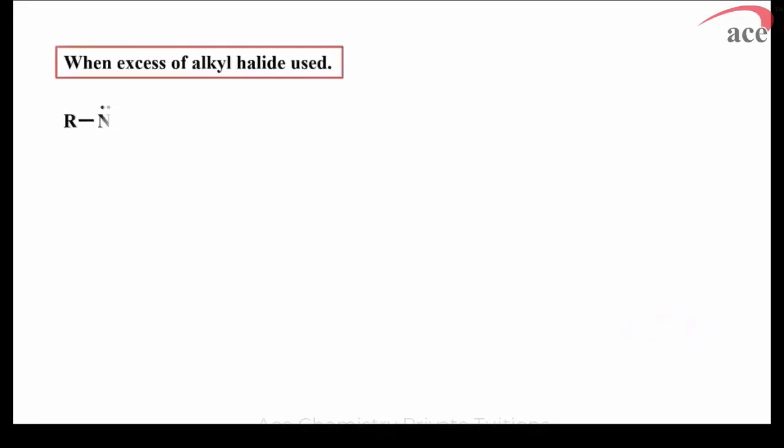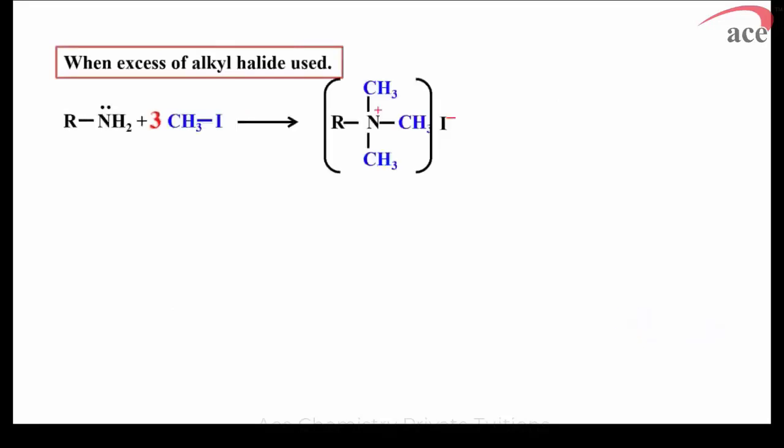Next, if we take the generalized discussion with excess of alkyl halide, a primary amine will consume 3 moles of alkyl halide to give quaternary ammonium salt.